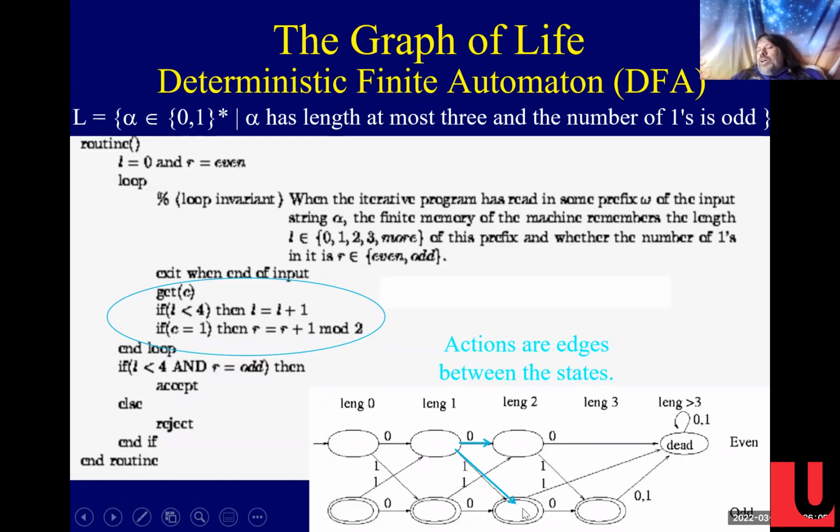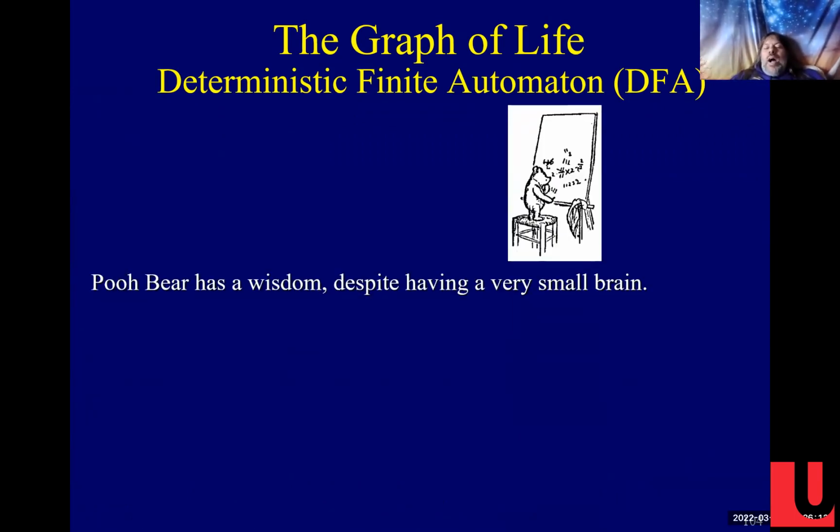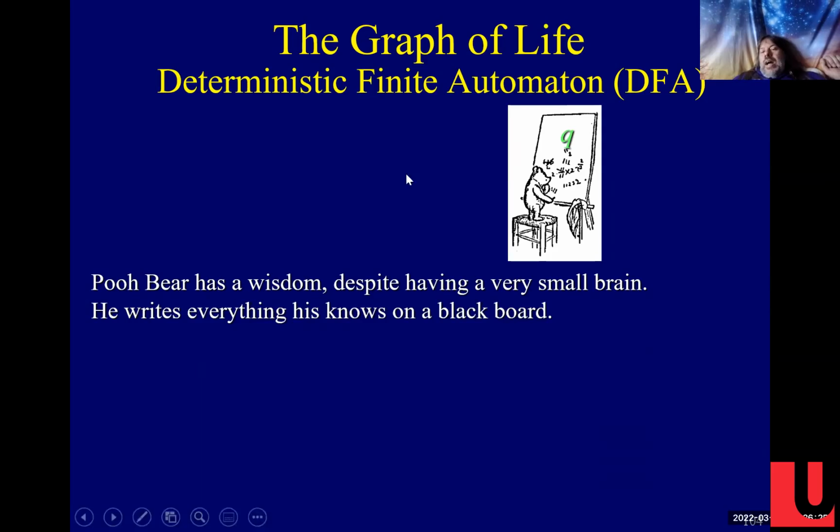So this is kind of what we're going to be building in to solve our problem. All right. So what I like to say is that the machine has a very small brain. We don't want to remember very much, because if you remember a lot, then you need a lot of states. So the name of the state I think of is everything that Pooh Bear knows.